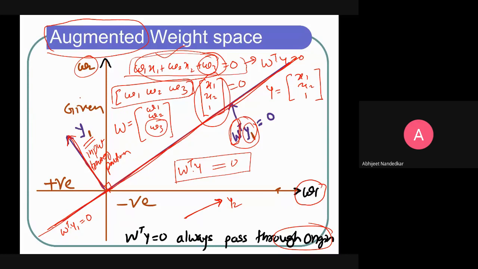Now I will explain why this is more helpful to visualize in augmented space. If I plot this y2, my second pattern, then to classify it properly I have to draw a decision boundary which is perpendicular to this line, and if this is a class 1 sample, my weight must be on this side of the line. If my weights are below this line, then it is going to produce negative results. So let us see in detail.